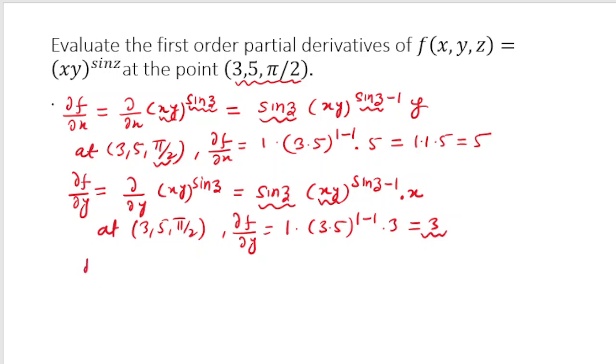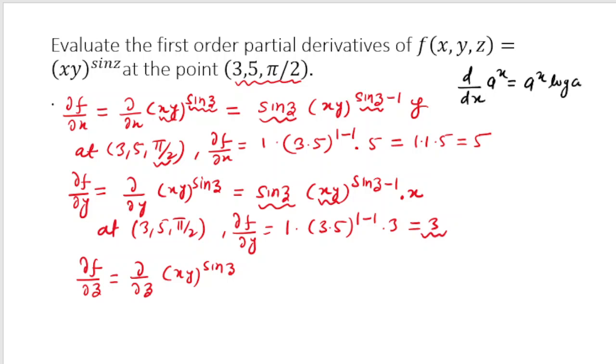But the next thing that we are going to calculate is del f by del z. So this will be del by del z of xy to the power sine z. And this time the z is not a constant. So to use this, I am going to recall a formula that you have studied in your high school, that d by dx of a to the power x is a to the power x into log a.